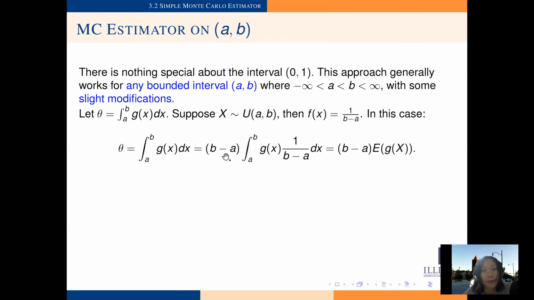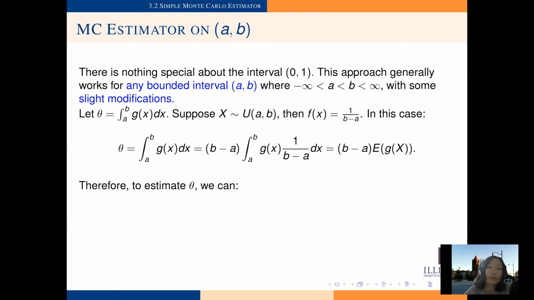This is equal to b minus a times the integral from a to b of g of x times 1 over b minus a, which is f of x dx. And this integral part is equal to the expectation of g of x when x follows uniform a b.